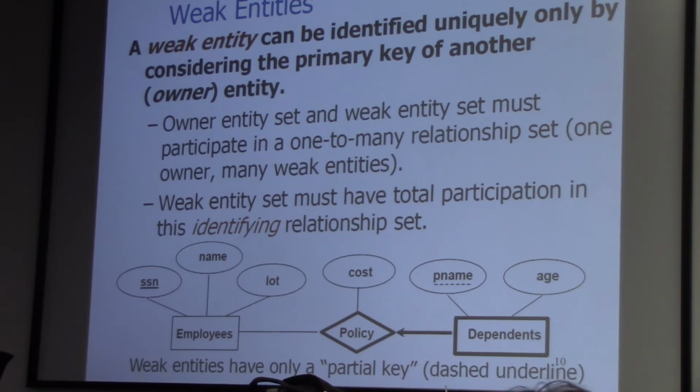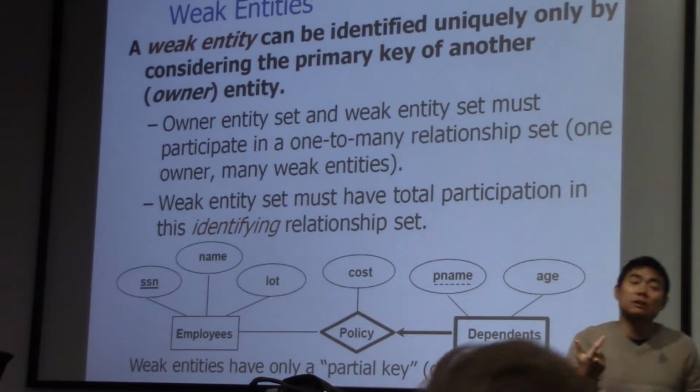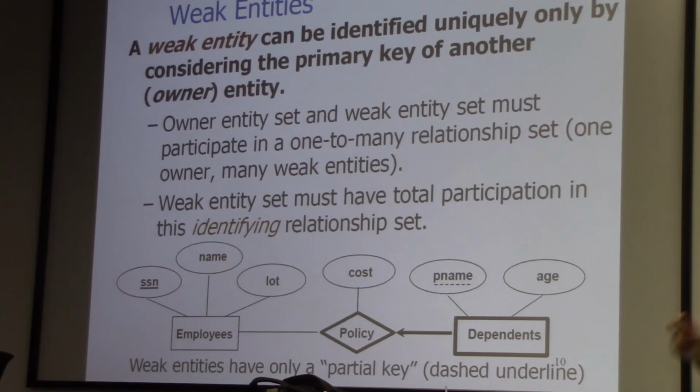So next we're going to talk about weak entity, and it's not that commonly used in practice. So try to understand this, but if you don't, it's not a big deal. A weak entity can be identified uniquely only by considering the primary key of another, what we call owner entity.